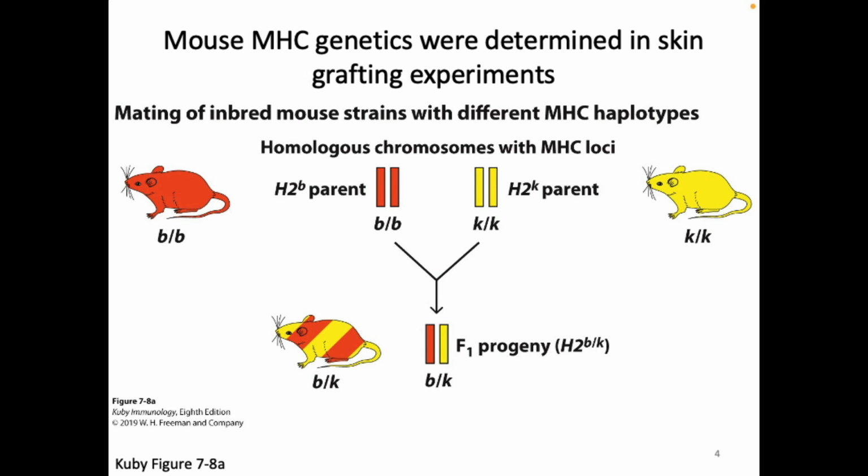So every mouse of a particular mouse strain is genetically identical, and we have its entire genome known. They're known as inbred lines, inbred species.